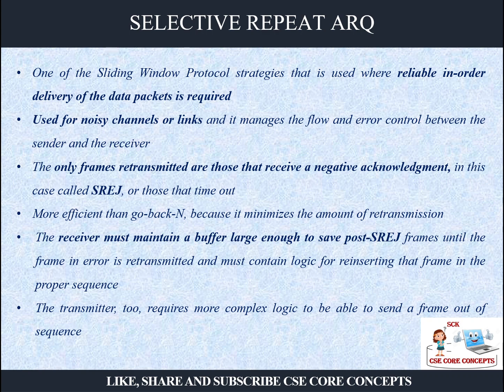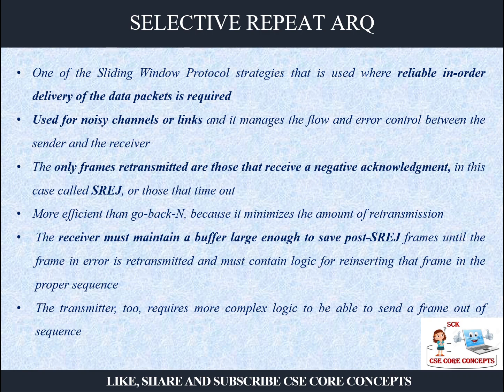Now what about the sender? The sender is working in one sequence. It has already sent 5 frames. Now it is preparing itself to send the 6th, 7th, 8th frame, let's say. Meanwhile, it receives a negative acknowledgement for frame number 3. So the sender has to go back out of the sequence, find the third frame and retransmit it, right?